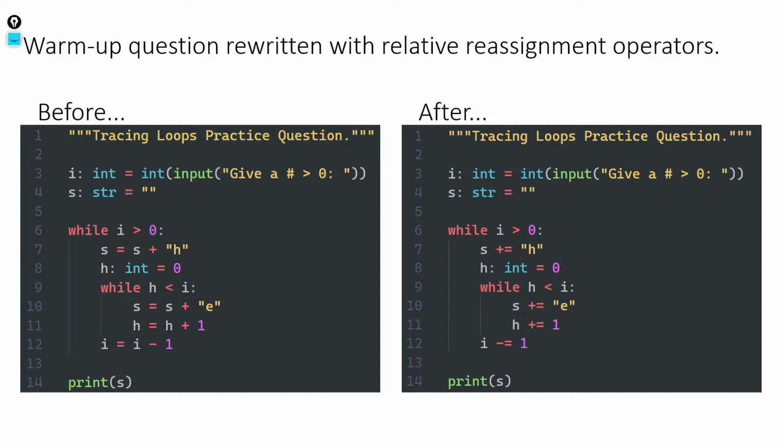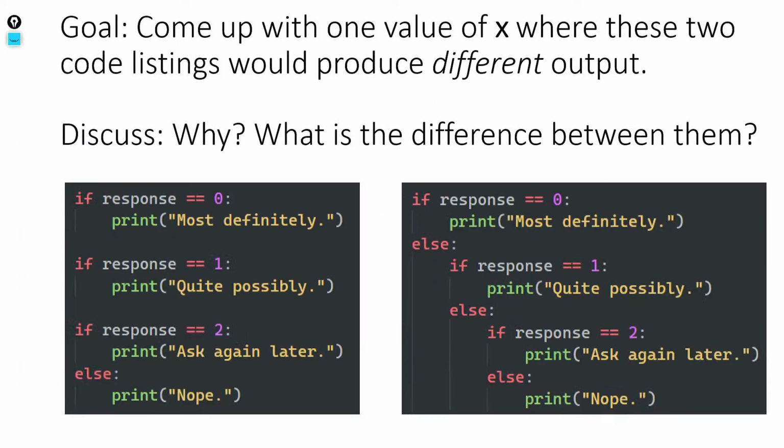All right. So the next exercise I'd like you to think through and discuss with your neighbors is we've got 2 different code listings. The question is, can you imagine a value that you can assign to this response variable, one value where you could evaluate both of these, left-hand example and right-hand example, and come up with different printed outputs given the exact same response as an input?